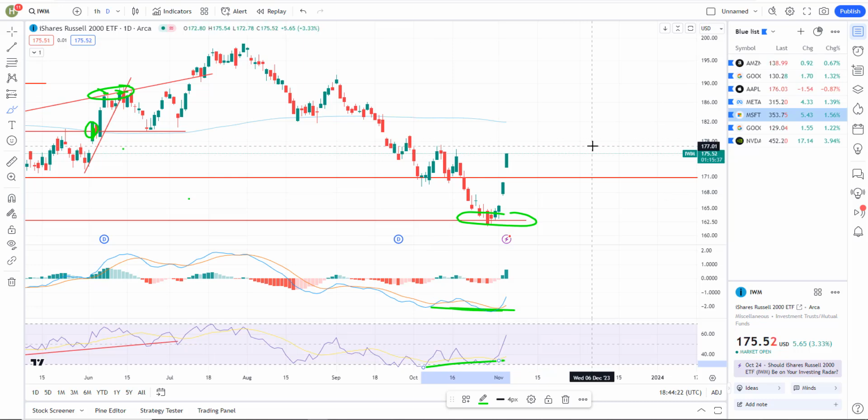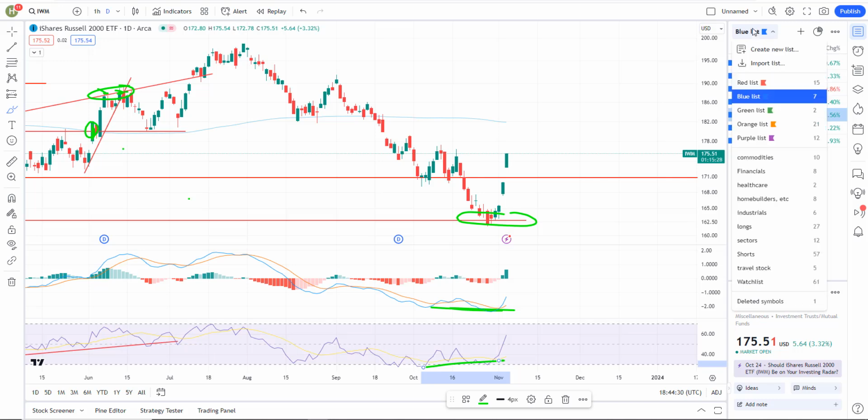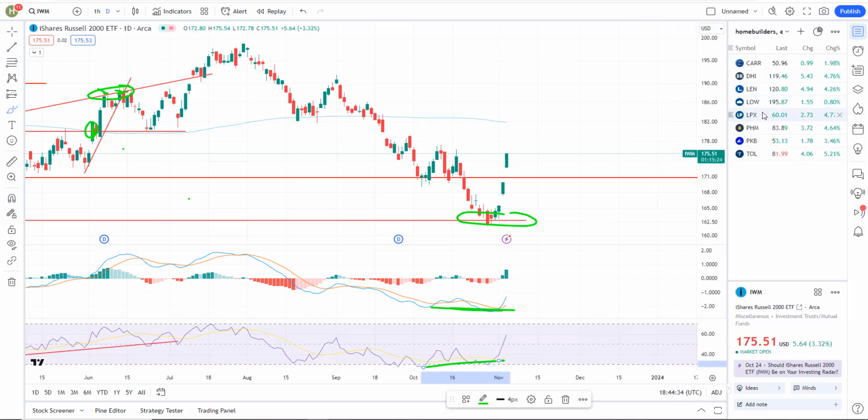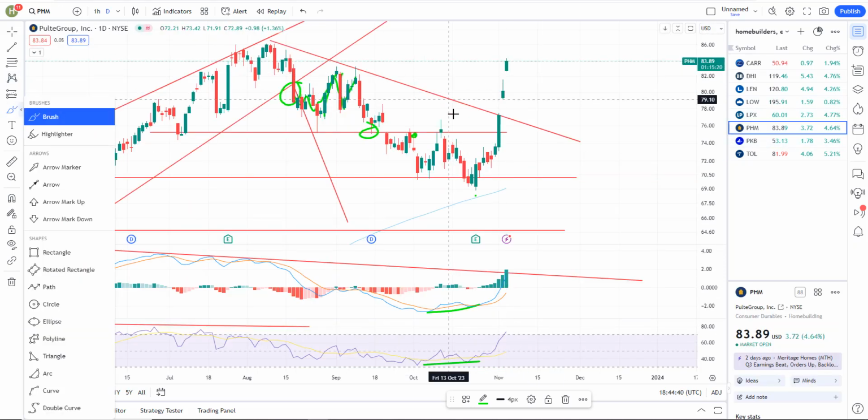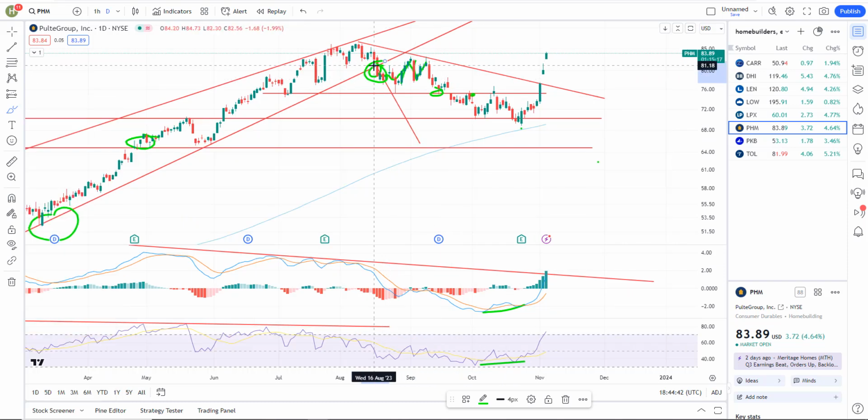IWM is pretty heavy in the financials, and financials are very rate sensitive. All right. So because we've seen a pullback in rates, we're seeing the rate sensitive stocks rally. And let's look at home builders. These are kind of an example. Here's PHM. This one we've been out of for a while. We shorted this thing at the sell signal here, covered it as it came close to hitting that 200-day moving average, and we haven't been in it since.